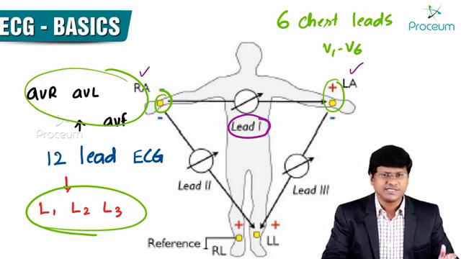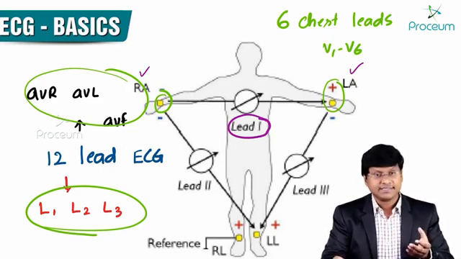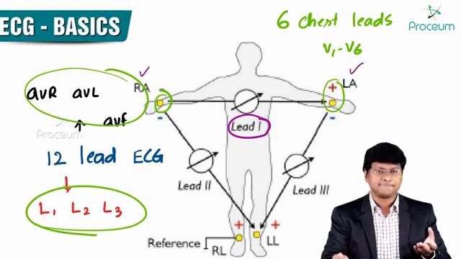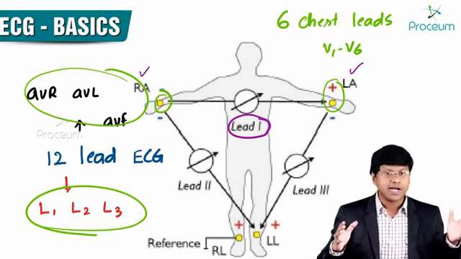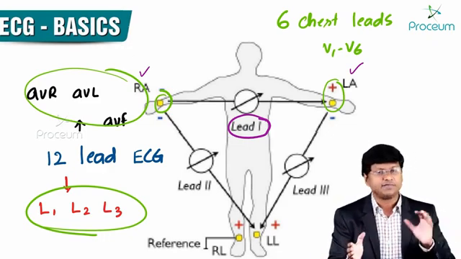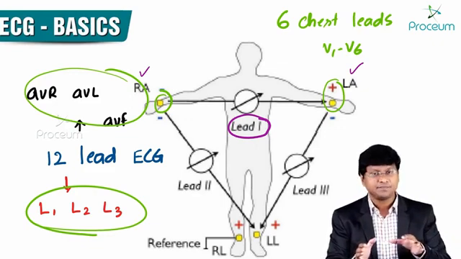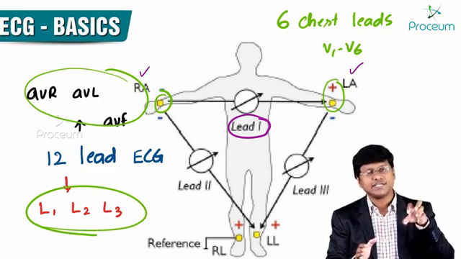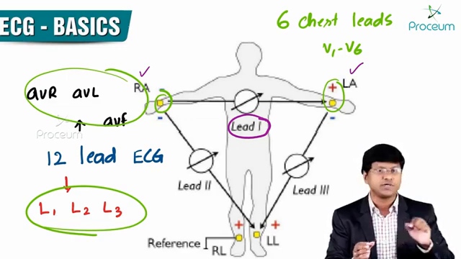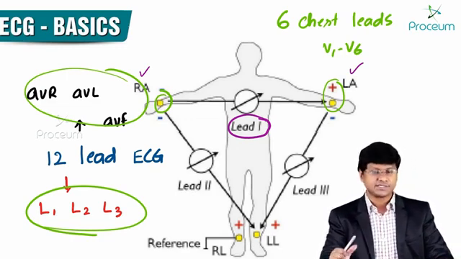What actually is your ECG? ECG is measuring the electrical activity of the heart. The heart is contracting and relaxing. The mechanical events of the heart are converted into electrical energy, and that electrical energy is picked up by the ECG. That is what is being measured in the ECG, and that is what is being done by your leads.